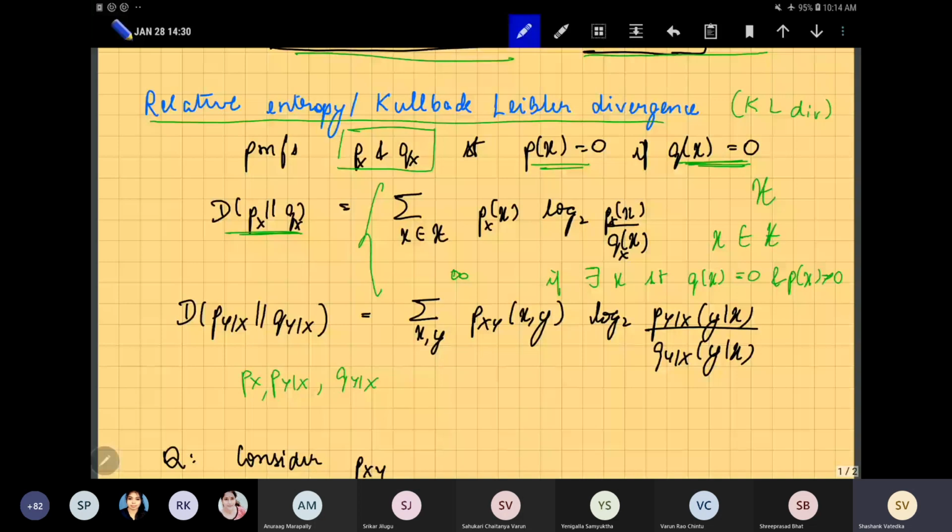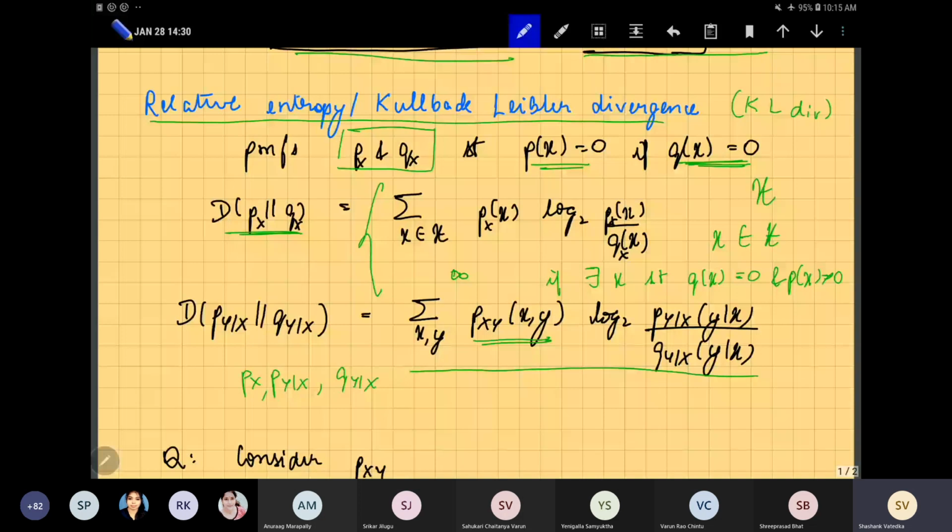Then the KL divergence between P_{Y|X} and Q_{Y|X} is defined in this particular fashion. It's the sum over all possible x, y of P_{XY} of x, y log P of y given x divided by Q of y given x.